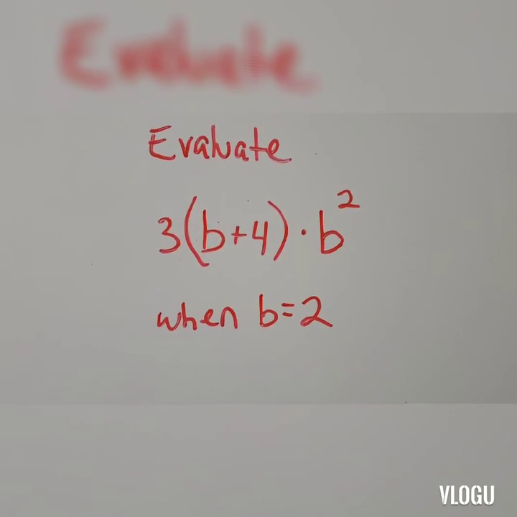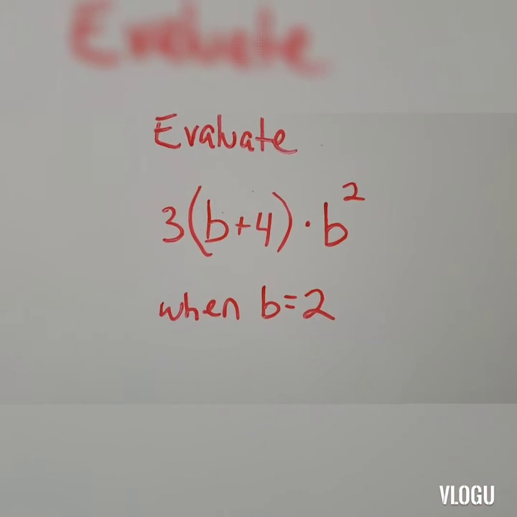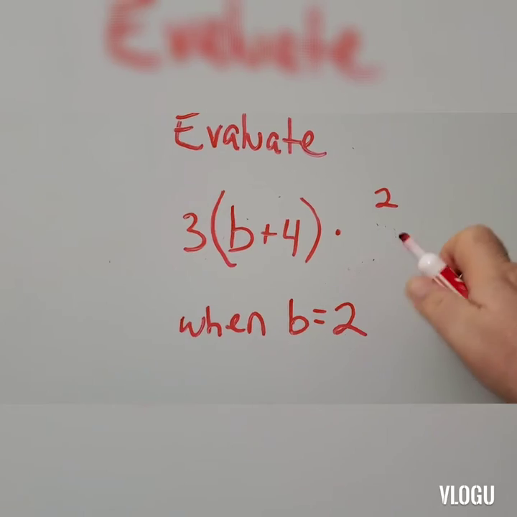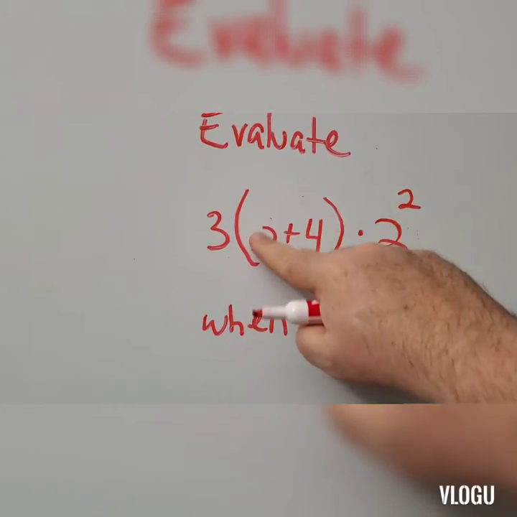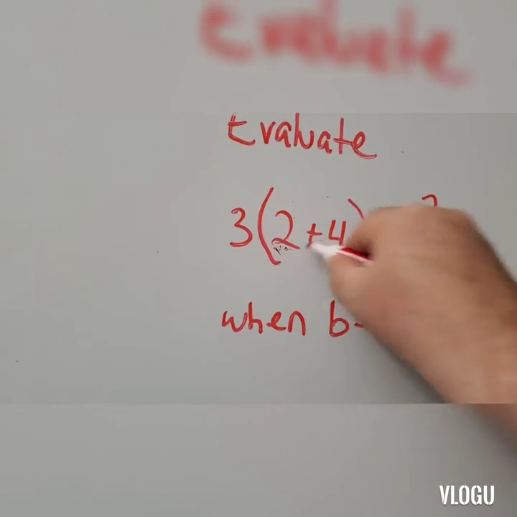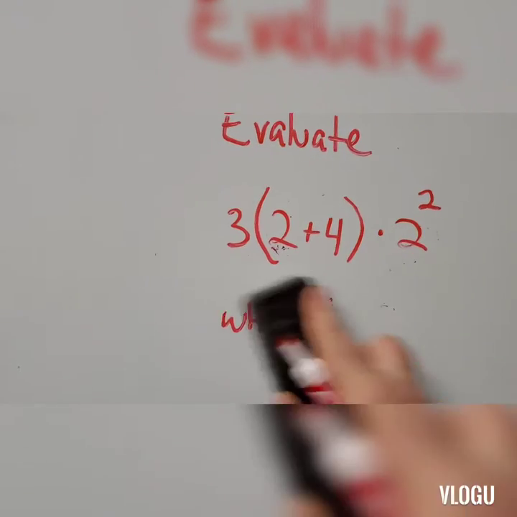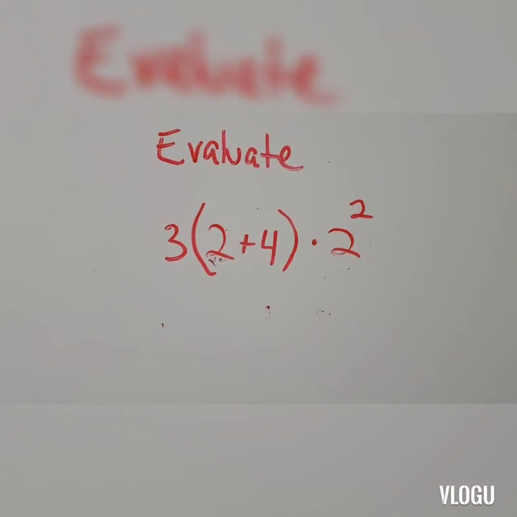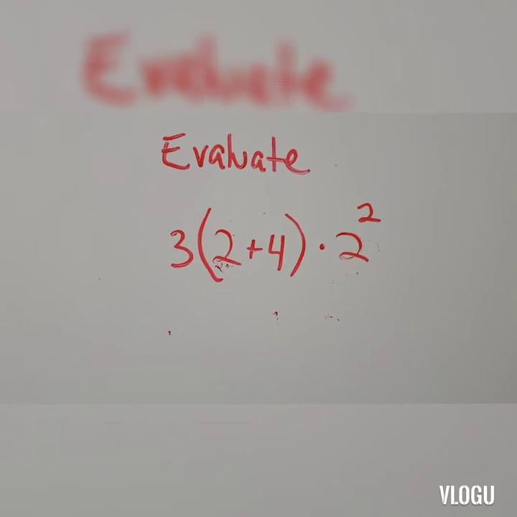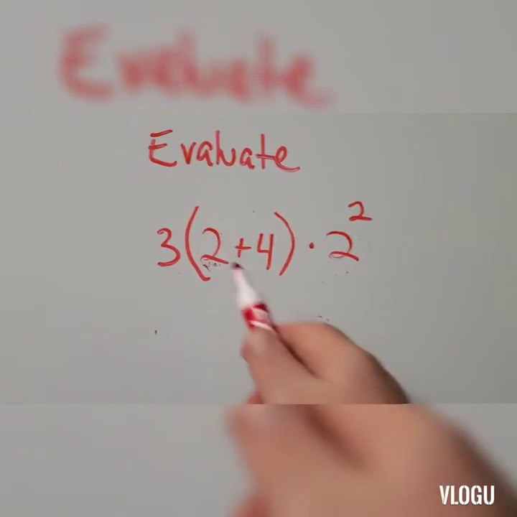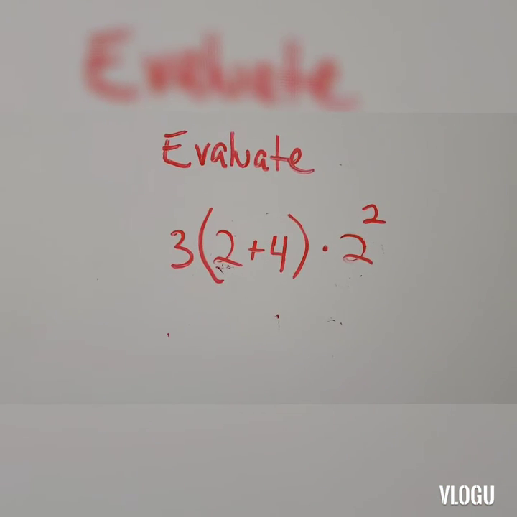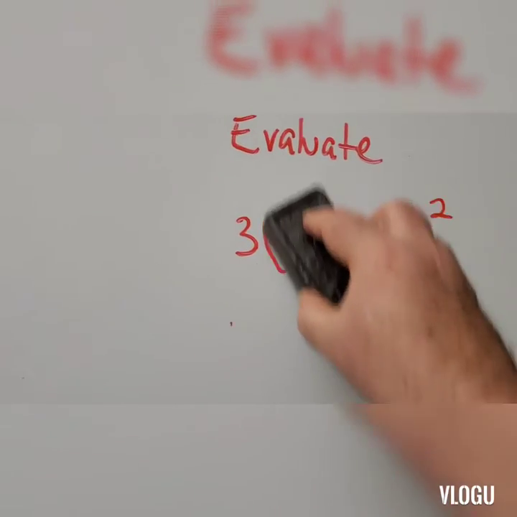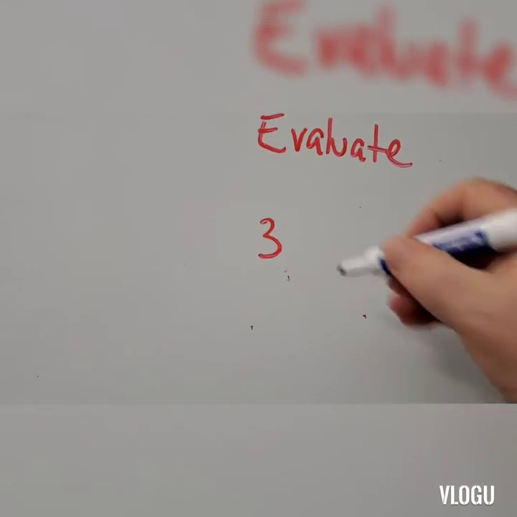All you need to do when you are given that b is equal to 2 is replace b with 2. And then you solve through order of operation. I'm looking first for parentheses, and I see them. 2 plus 4. 2 plus 4 is 6.